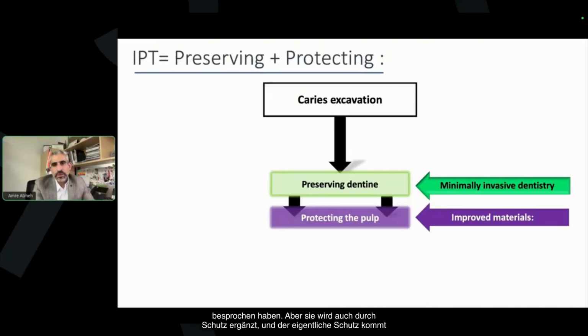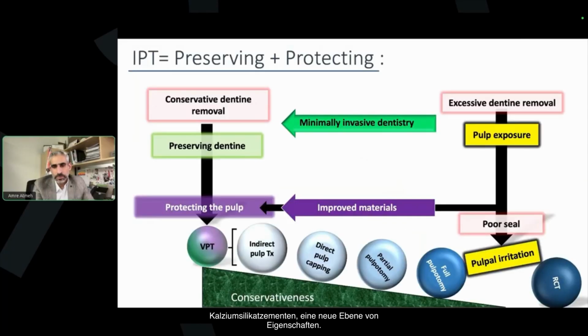And again, as I said, the indirect pulp treatment is a combination of preserving, as we discussed before, but also it's complemented with protection. And the protection is actually coming from the materials.